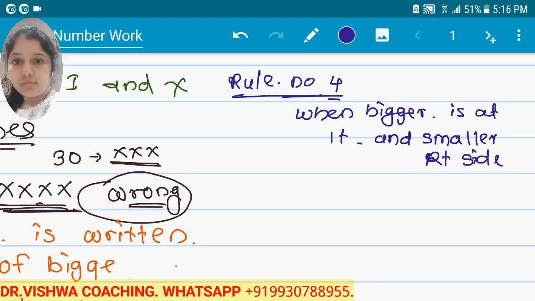Right side of whom? Right side of you, not right side of the page. You are looking towards the page, and whatever is your left hand is the left side, whatever is your right hand is the right side. So when the bigger number is at the left and the smaller number is at the right, then we add those numbers.